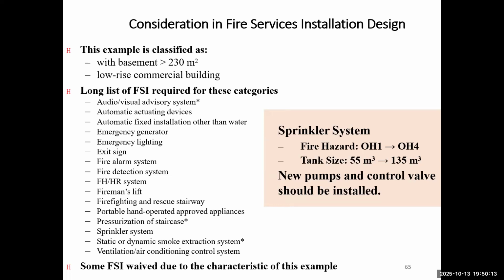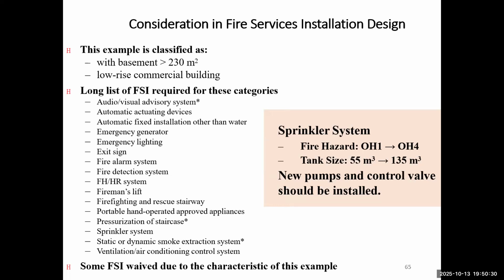And because this is a commercial building with a basement over 230 square meter, the fire service installation code requires this very long list of systems, and most of them are needed.